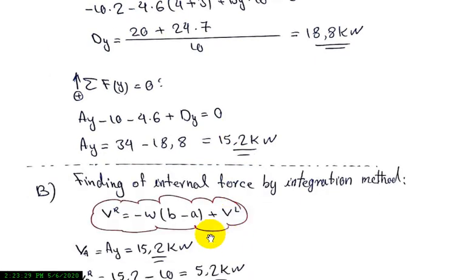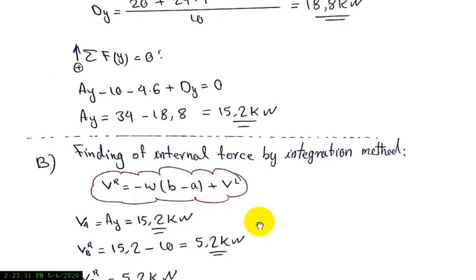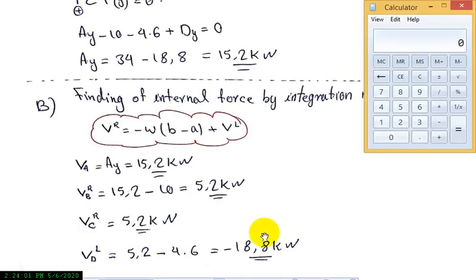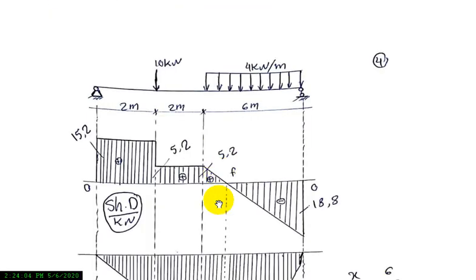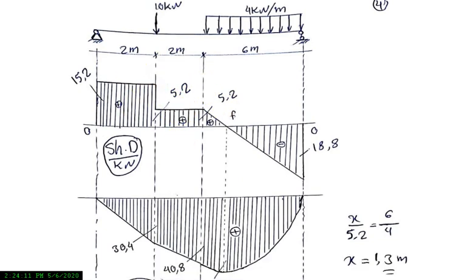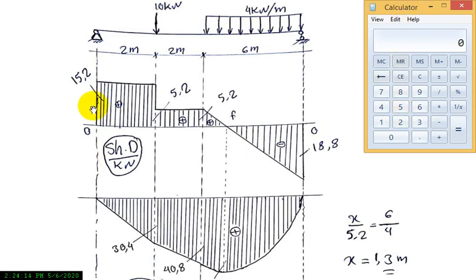Now we use this formula for finding internal force. We do it directly to find the internal force and draw the diagram. How? There is the 15.2 kilonewton reaction. We draw a line along the y direction of 15.2, which we calculated before.